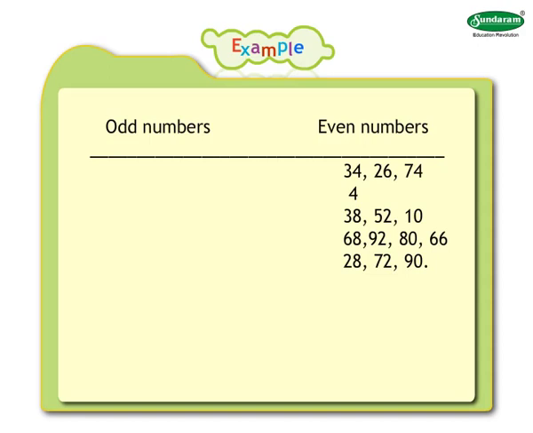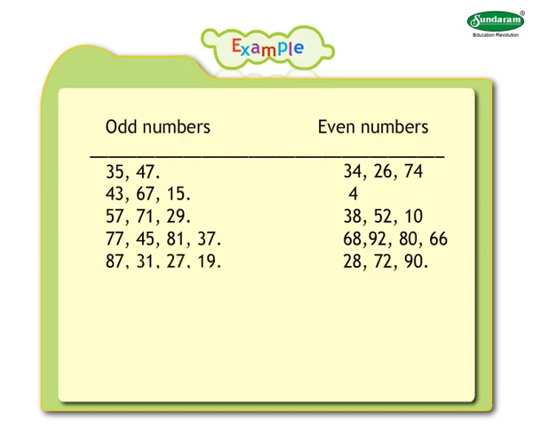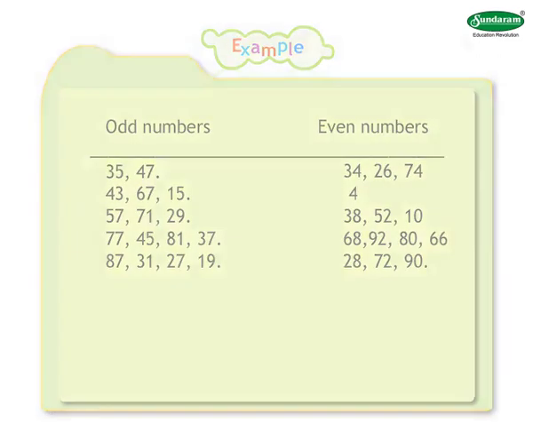These are the odd numbers: 35, 47, then 43, 67, 15, then 57, 71, 29, then 77, 45, then 81, 37, then 87, then 31, then 27, 19. Place these under the column of odd numbers.